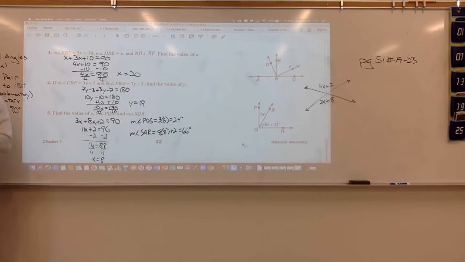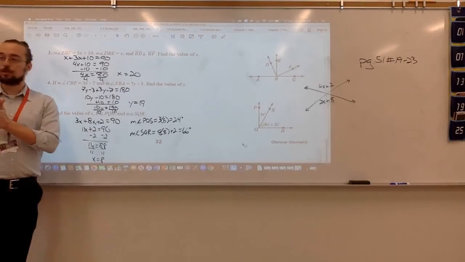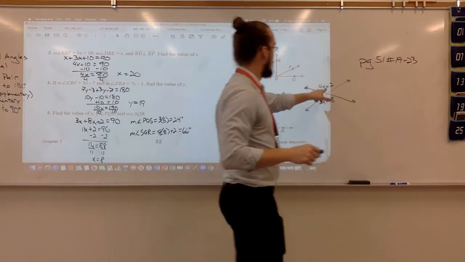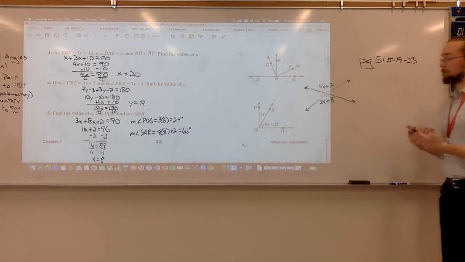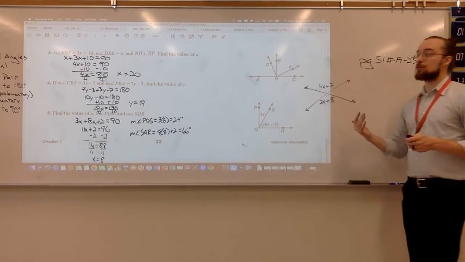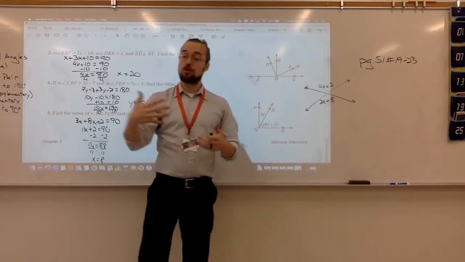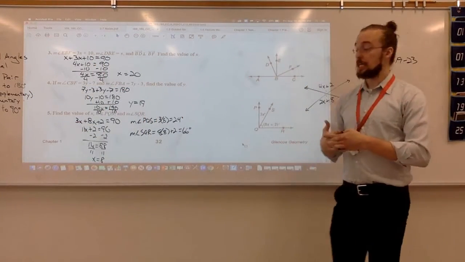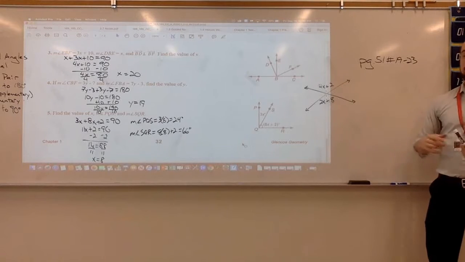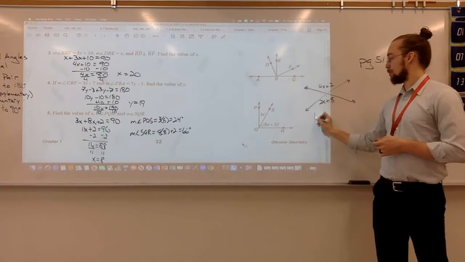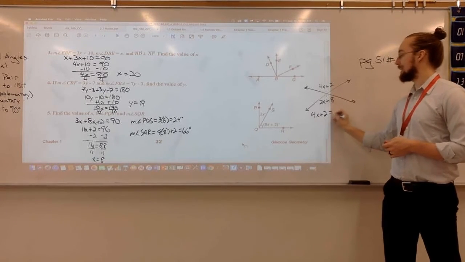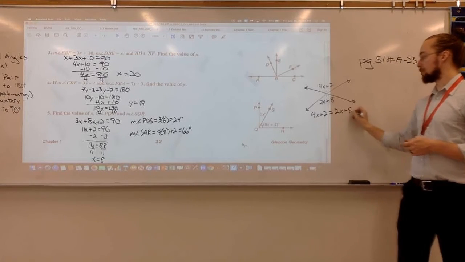All right, guys, we're up here. This is an important example. Vertical angles are right across from each other, and the relationship between vertical angles is that they are always equal to each other. So my setup for something like this would be 4x plus 2 equals 2x plus 8.